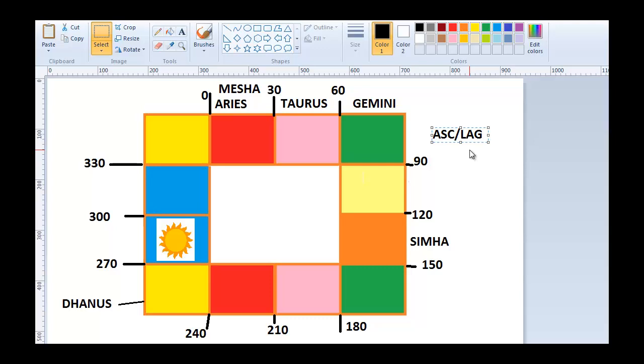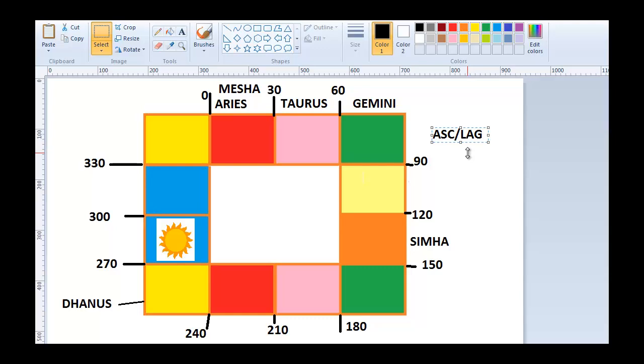The time of birth was not properly entered in the software, and so there has been an error. So it's always a good practice to note where the lagna is and then ask the person, were you born around this time? And that will give you confidence that you are dealing with the right horoscope.